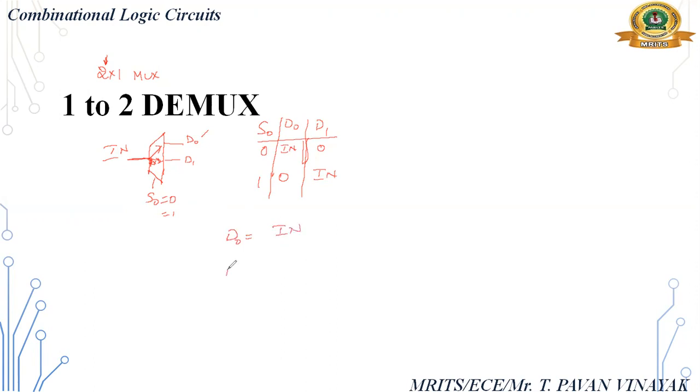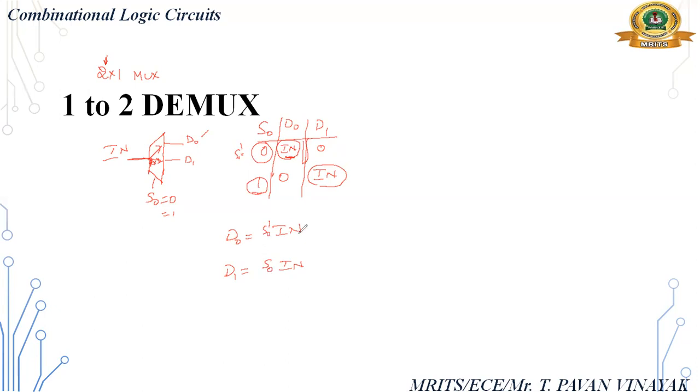IN occurs when S0 is 0, right? S0 is 0 means S0 bar. So D1. For D1, IN occurs when S0 is equal to 1. So we write as S0.